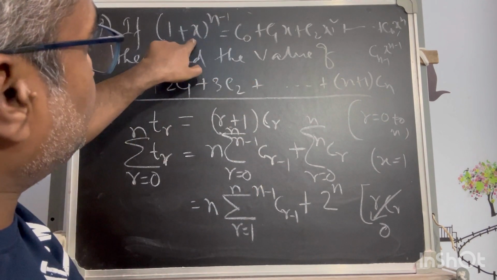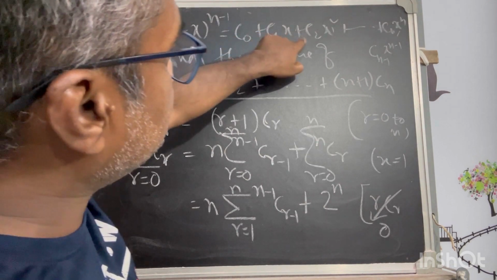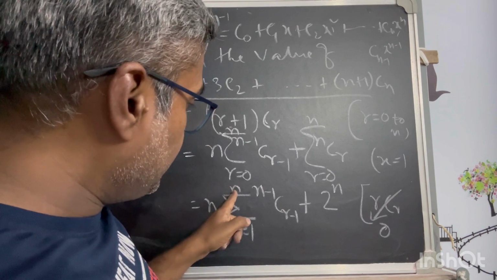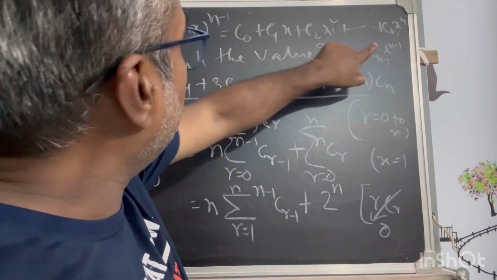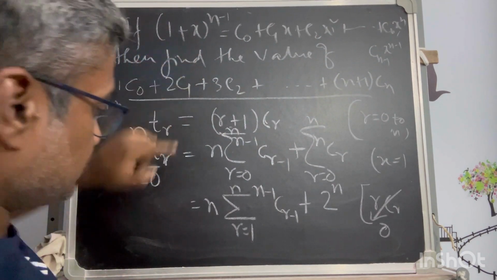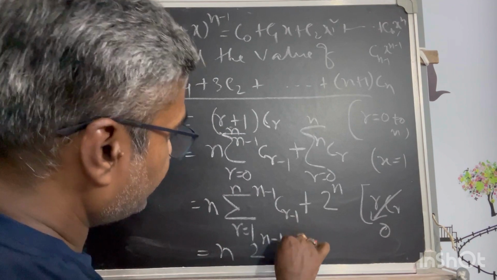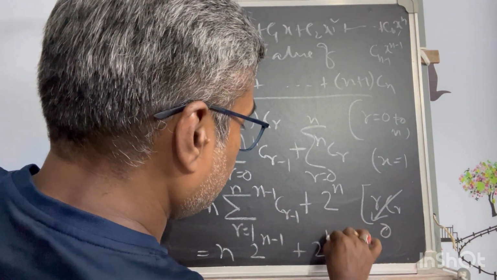So if I put x equal to 1 here, what will I get? C0, C1, C2 dot dot dot Cn. The maximum is n, so this will give Cn minus 1, that is matching, and the sum of this will become 2 to the power n minus 1, the highest power of the series, and this will become 2 to the power n.